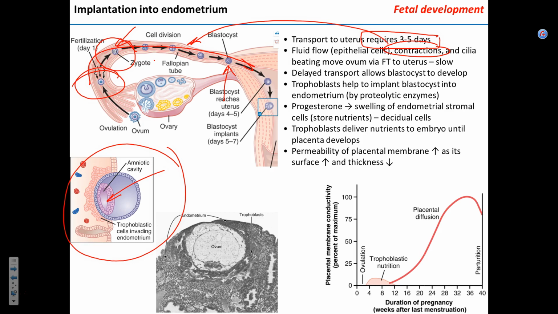Cells that help to implant the blastocyst in the endometrium are called trophoblasts. They release proteolytic enzymes that essentially weaken the endometrial epithelium, allowing the blastocyst to attach and incorporate itself into the endometrium.